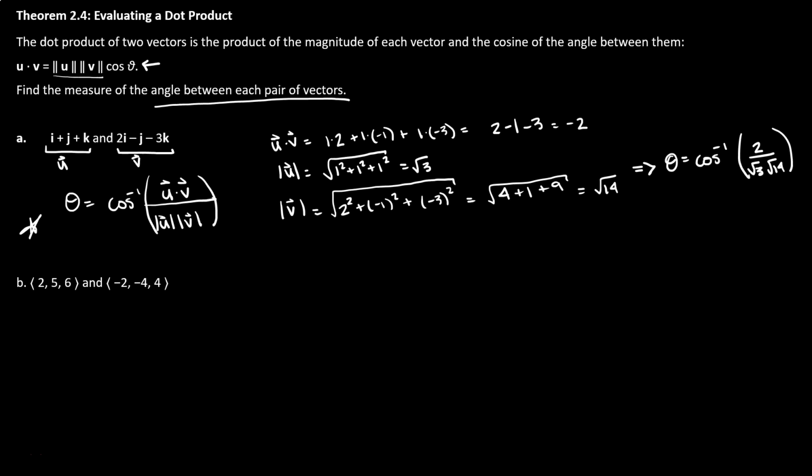So we would need to think about the application to decide, do we need our answer of theta to be an approximate in radians, or do we need our answer theta to be an approximate in degrees? Whichever one you need, you would set your calculator to that mode, then you would type cosine inverse of that ratio into your calculator. Just for the sake of trying it out, let's calculate it both ways. So if I were to do this in degrees, I would do cosine inverse of -2 over √3 times √14.